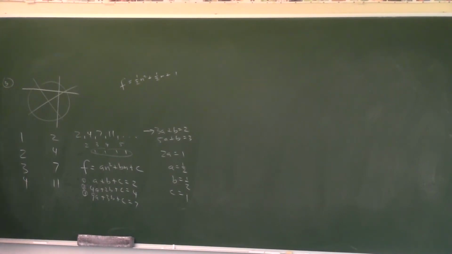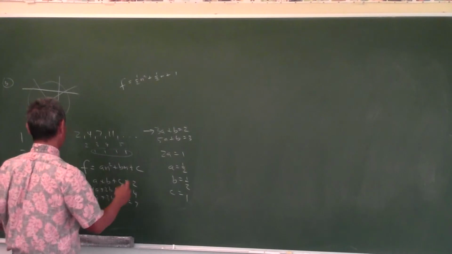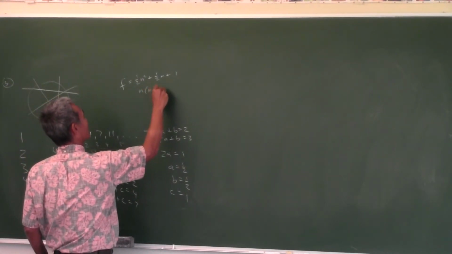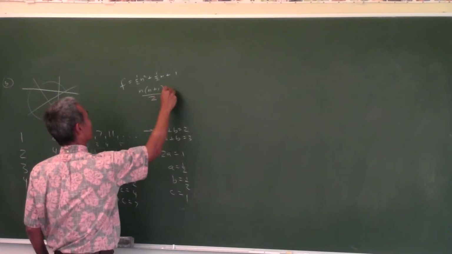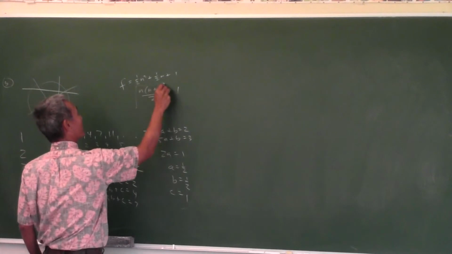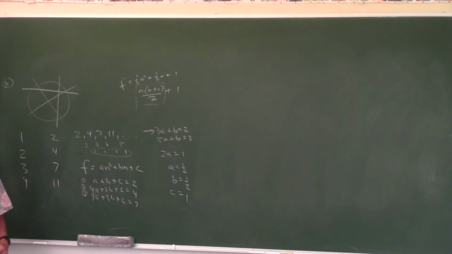Now, some of you might have been able to figure this out because, look, it's like n times n plus 1 all over 2 plus 1. Hey, that's the formula for the triangular numbers. Right? And then you add 1. So in other words, did anyone notice that these numbers are just 1 bigger than the triangular numbers?